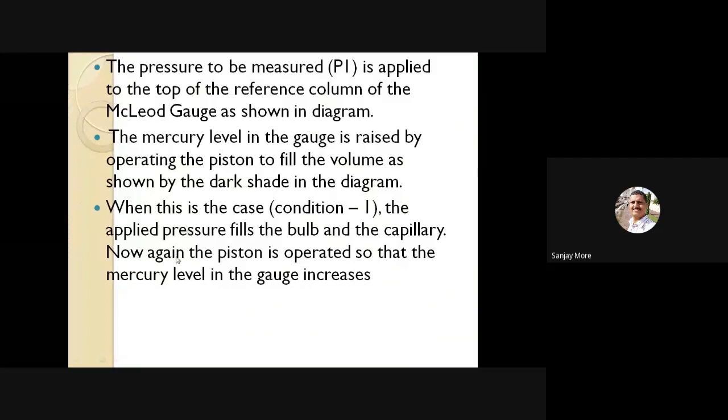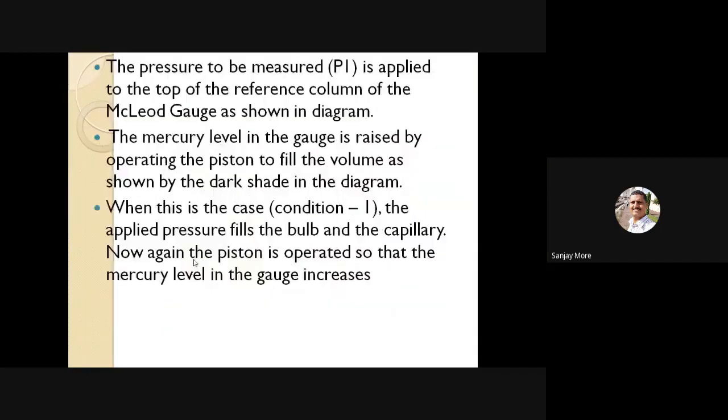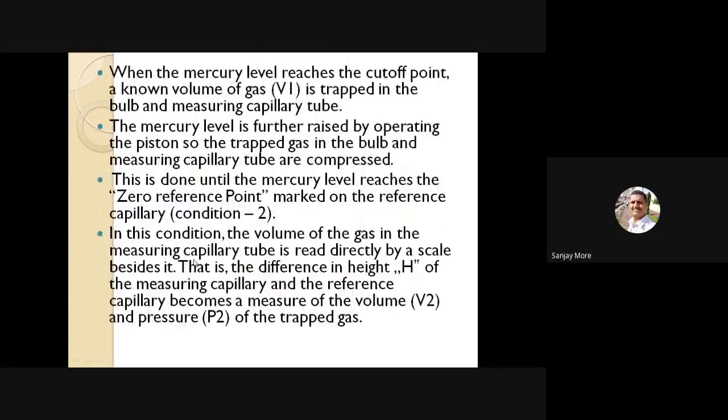Then again the piston is operated so that the mercury level in the gauge increases. Here this is filled with air, and when you apply force on the piston, this piston compresses the mercury, and the mercury moves upward above the cutoff point. In the second condition, when the mercury level reaches the cutoff point, the known volume of gas V1 is trapped in the bulb and measuring capillary tube.